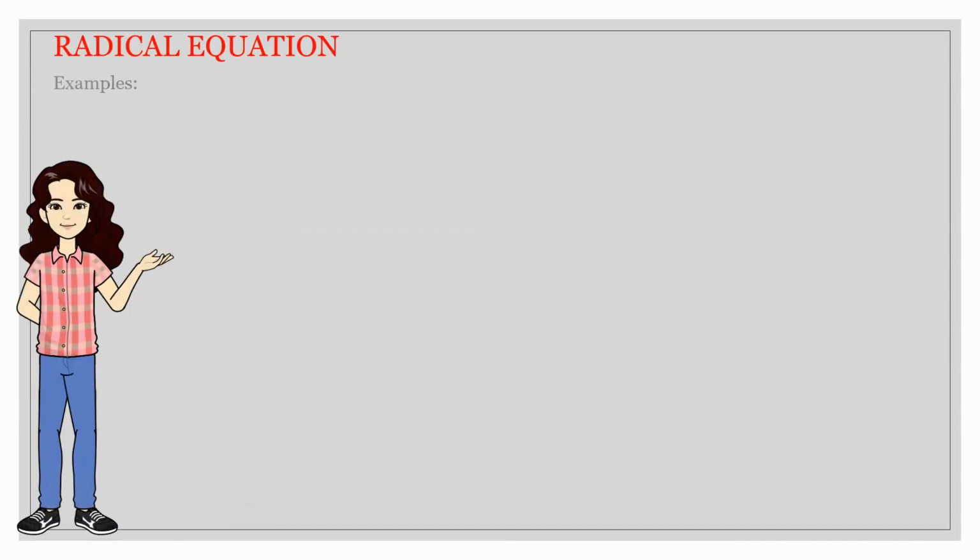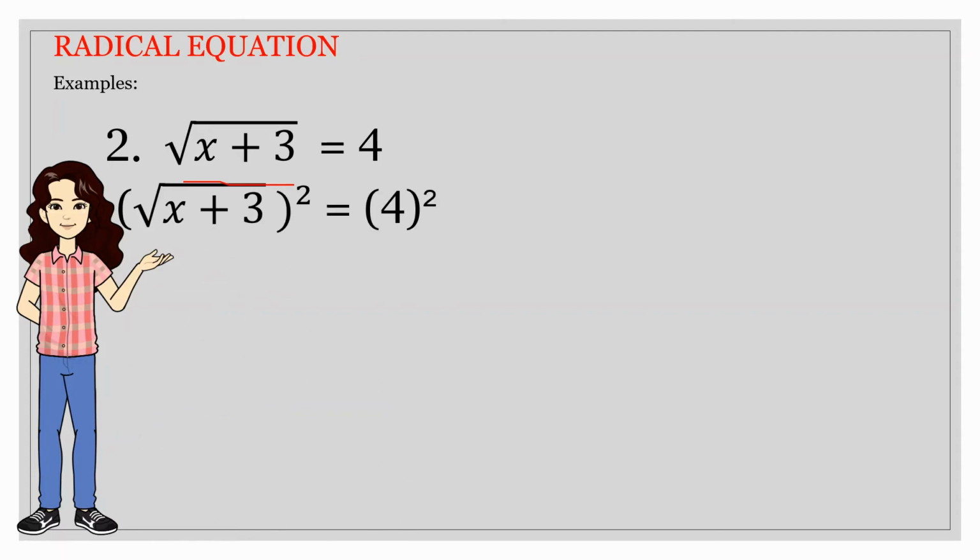Okay, another example. So we have square root of x plus 3 is equal to 4, or we can read this as square root of the sum of x and 3 is equal to 4. Then we need to raise both sides to quantity squared. So the quantity square root of x plus 3 raised to 2 is equal to the quantity 4 raised to 2.